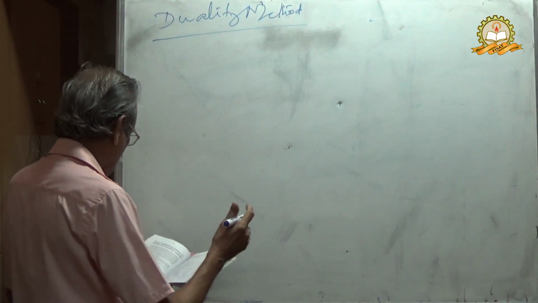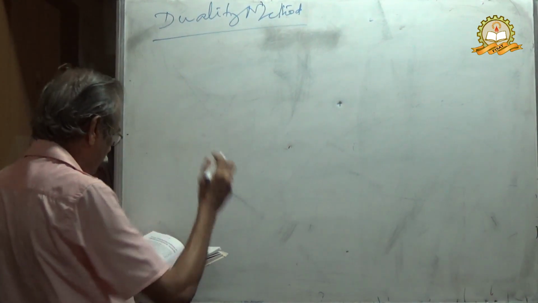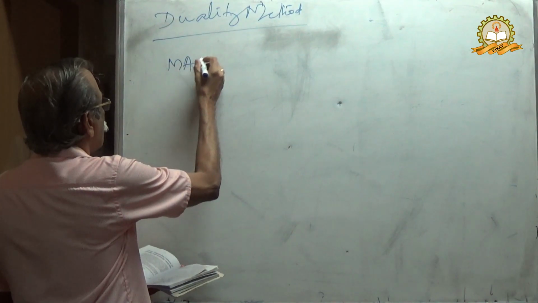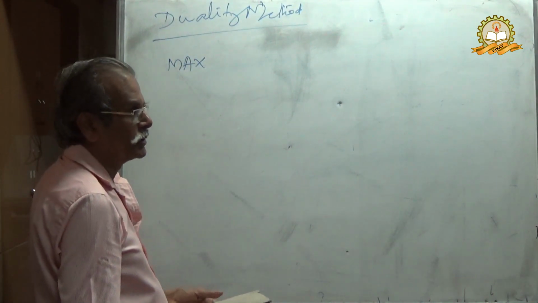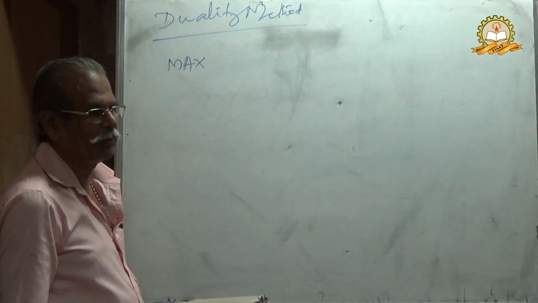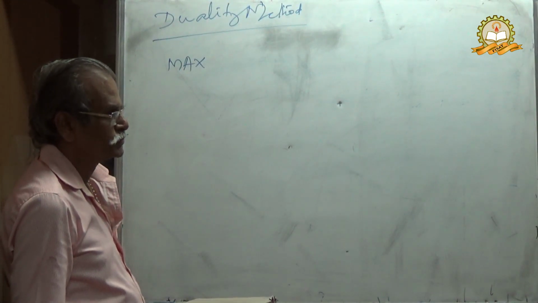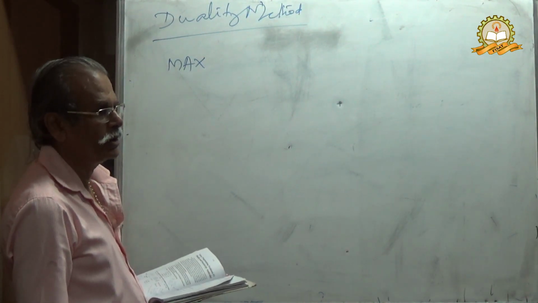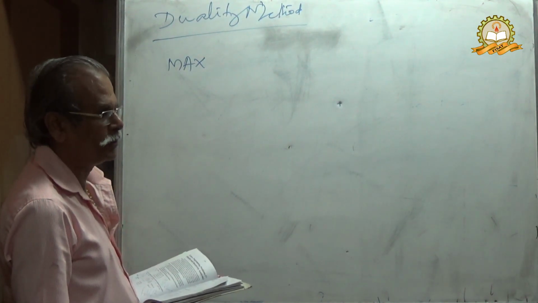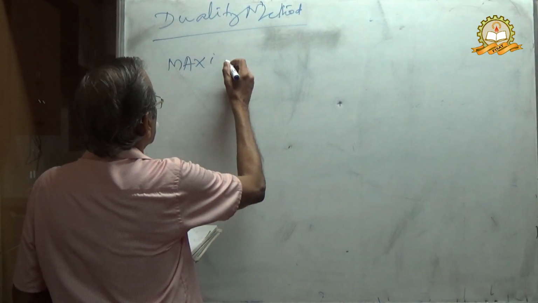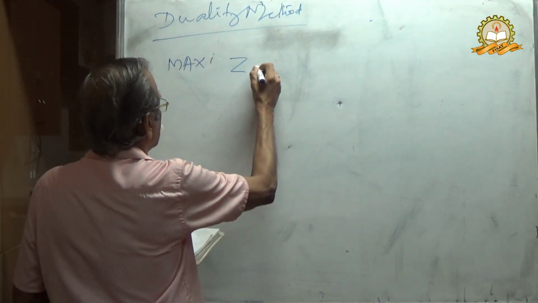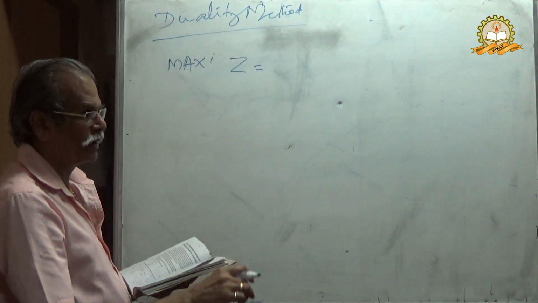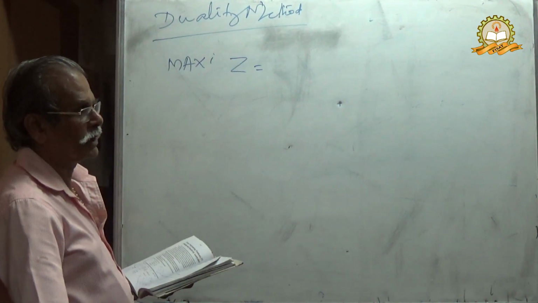Number 1, find the dual LPP for the given primal LPP.